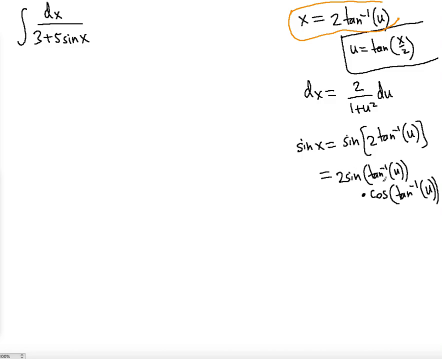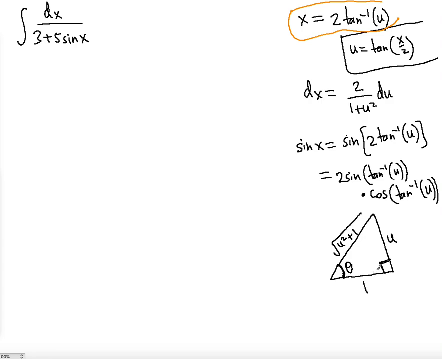Right, so how do you find these values? Arctan u means the angle, so suppose this is the angle whose tangent is u, right? So tangent of this angle, let's name it theta, is u divided by 1, opposite over adjacent. Thus this side, the hypotenuse using the Pythagorean, is going to be the square root of u squared plus 1.